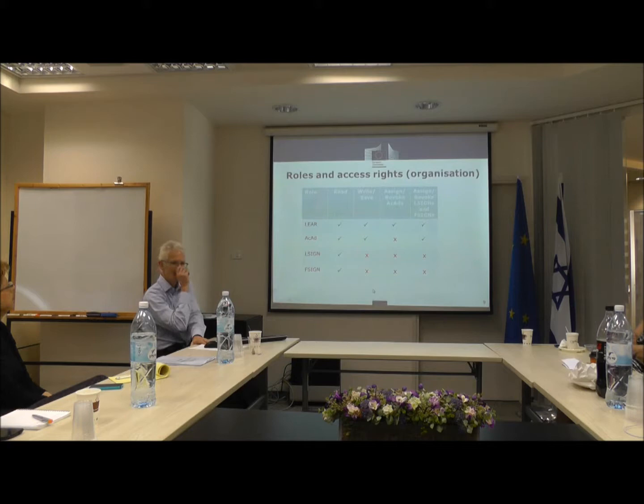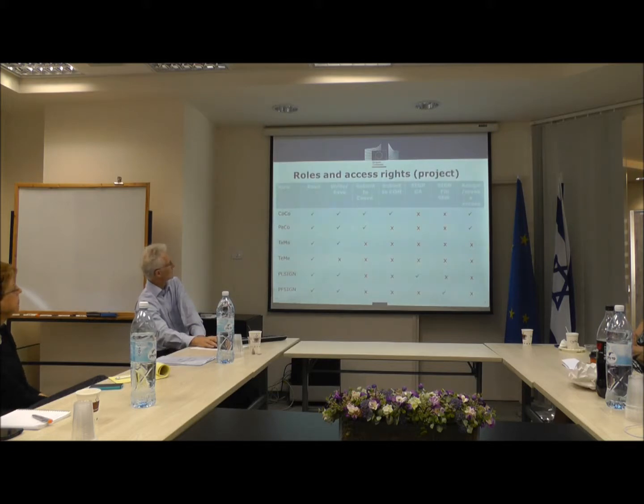Then you have these complicated tables showing you who is allowed to do what. I will not go really into details. So this is the table for the roles at organization level. You can go through it afterwards if you still have doubts. And these are the roles at the level of the project.